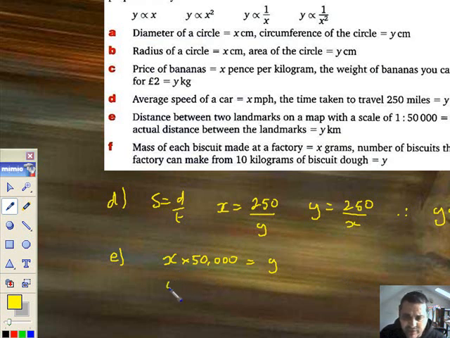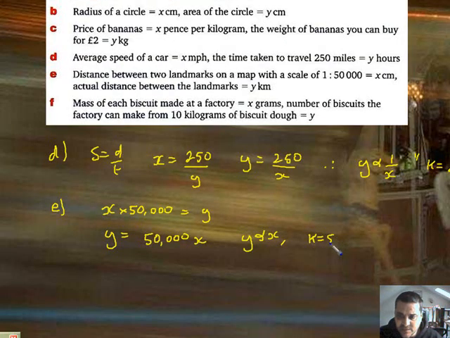Okay then, let's just rearrange it first. Y equals 50,000 x's. So this is a direct proportion. So it's one of these again. So I've got y is directly proportional to x, and my k value is going to be 50,000.